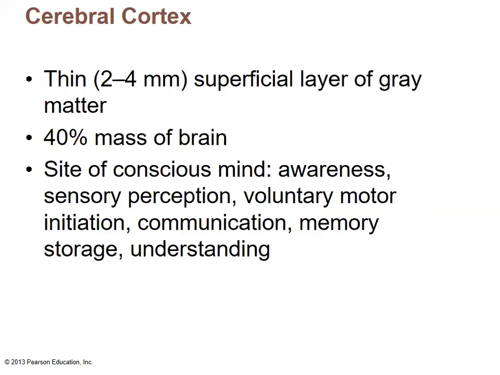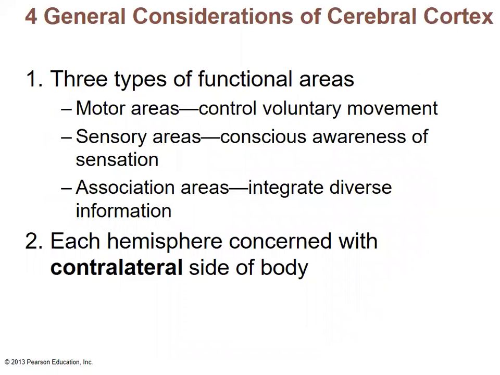It's where we also have our memory stored and where we are able to process an understanding of stuff. So the 3 functional areas that we're looking at are motor areas, sensory areas, and association areas.